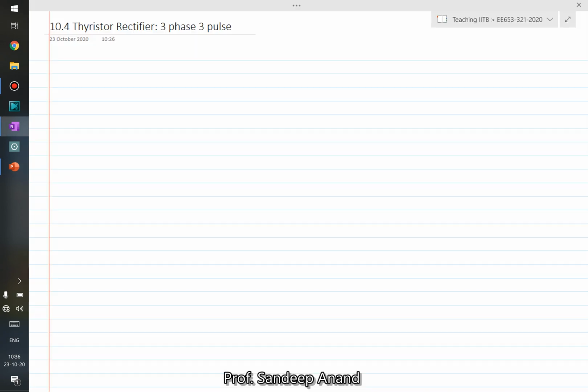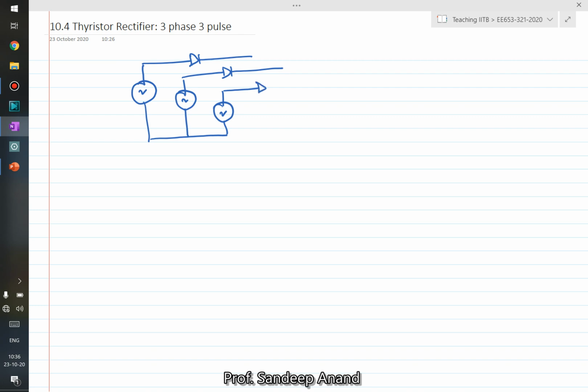Let me first start by drawing that circuit. So it has three sources, and it had three diodes, and they are all clubbed to a single load.